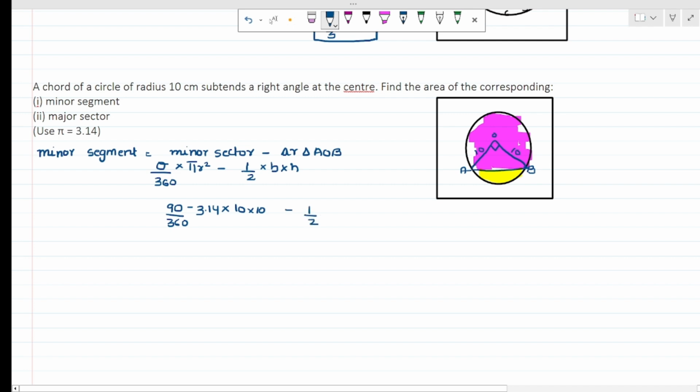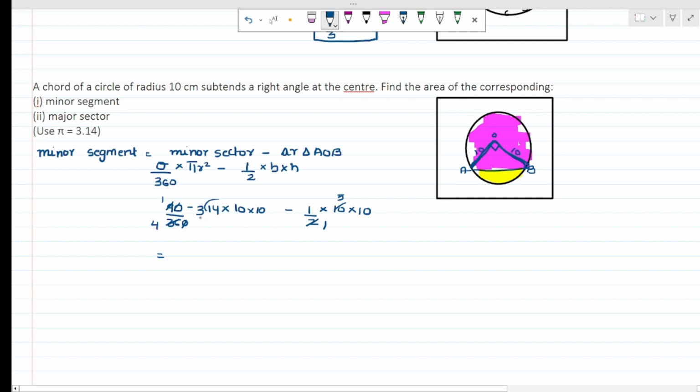Now, see the triangle. This is my base and this is my altitude. Both of them are the same, which is 10 multiplied by 10. Okay. So, cancel this out. 2 1s are 2, 2 5s are 10. This 0 and this 0 getting cancelled. 9 1s are 9, 9 4s are 36. So, what is the answer you are getting over here? You will get your answer 3.14 multiplied by.